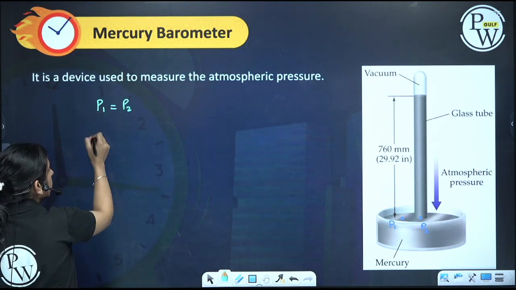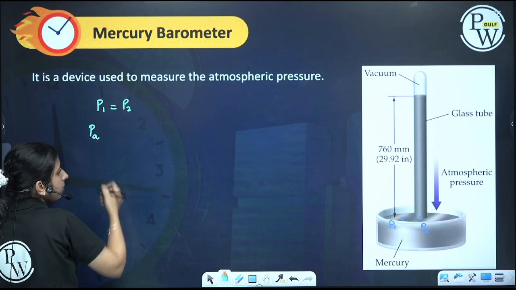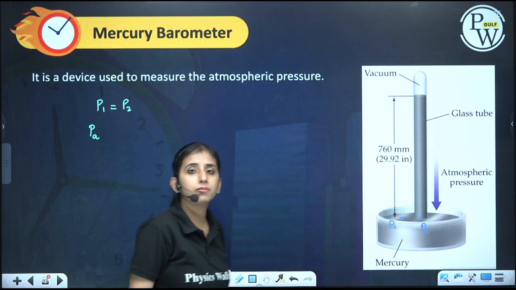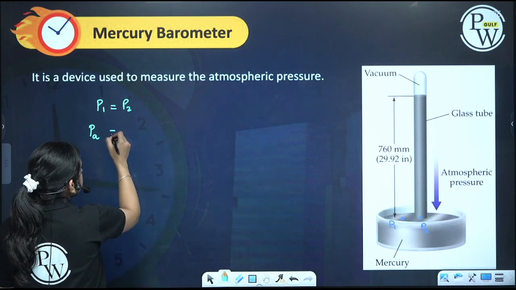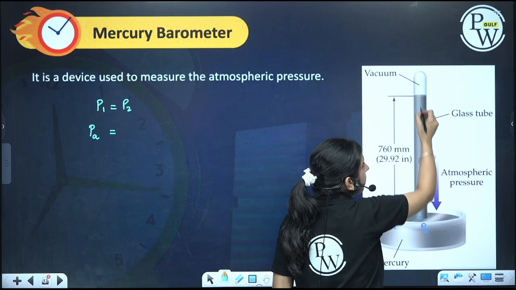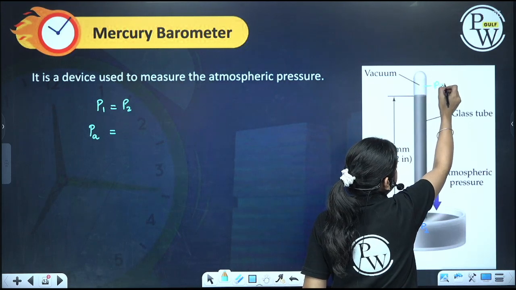What is P1? Pressure at 1 is P atmospheric, since the atmosphere is putting pressure over here. Pressure at P2: here a vacuum is created, so the pressure at this point will be 0.